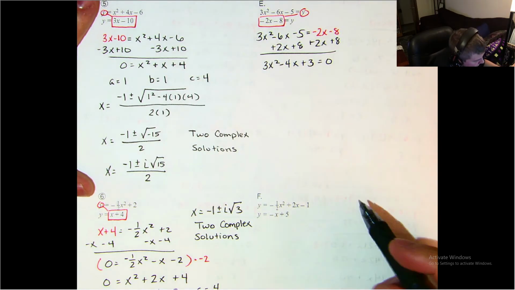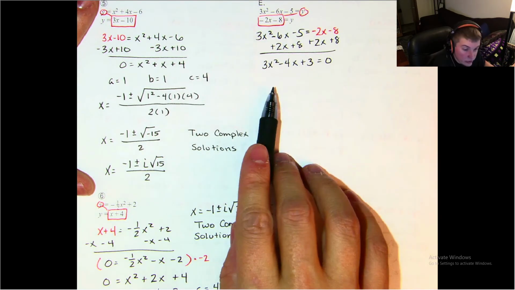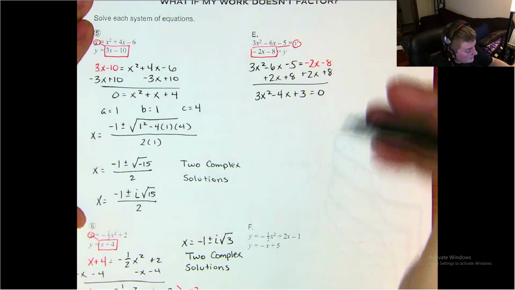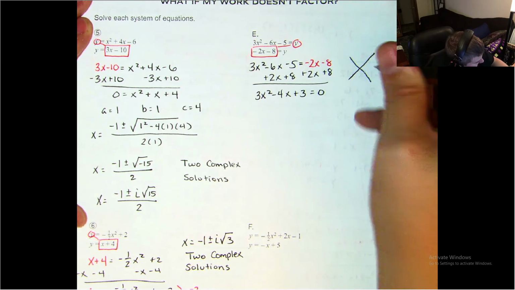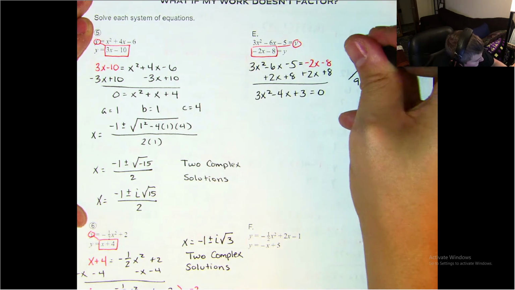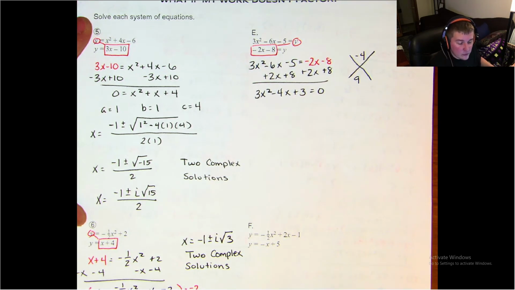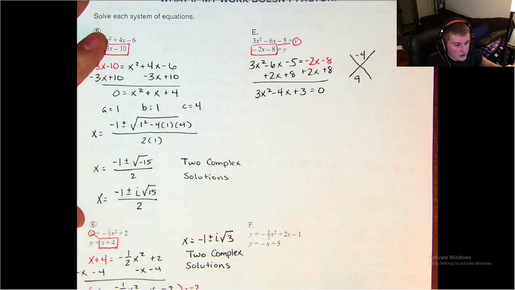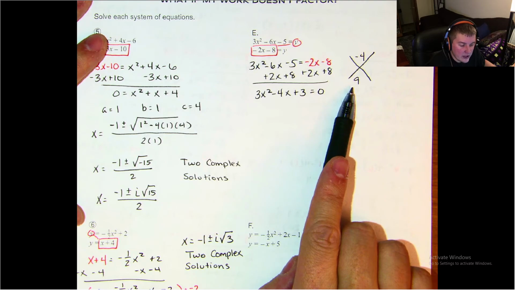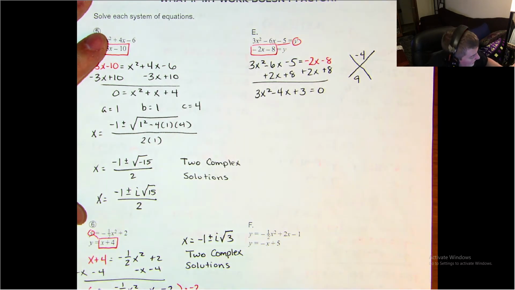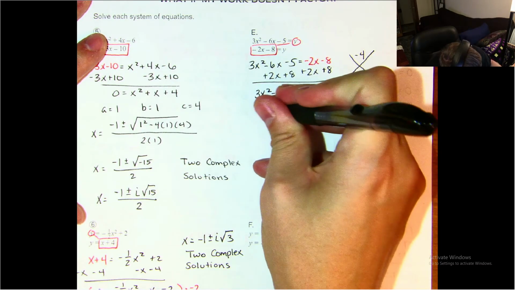Okay, so then here what we would do is we could go ahead and set the X-box method up. I'm going to set it up over here because it ended up not working. We'd be looking for numbers that multiply to 9 and add to negative 4. As you can tell here, our combinations are 9 and 1, which will not get me to negative 4, and 3 and 3, which will also not get me to negative 4. So I'm going to have to use the quadratic formula.